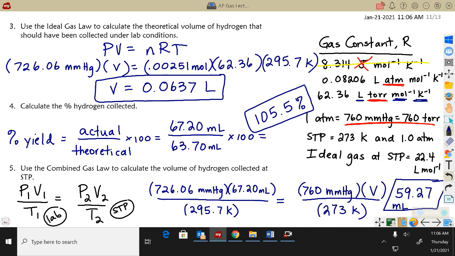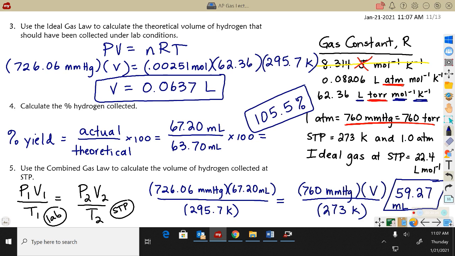Now, with this little equation, the volume doesn't have to be in liters because I'm not using a gas constant, but my temperature has to be in Kelvin. As long as my volume unit is the same, milliliters will be fine. So just what I expected. At standard temperature and pressure, the volume would be a little bit lower.